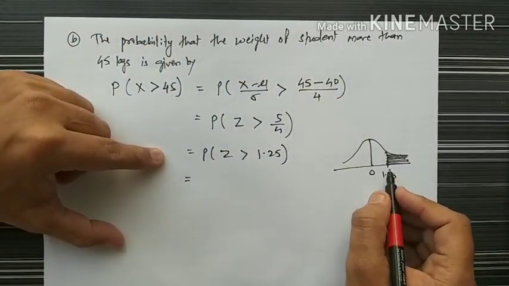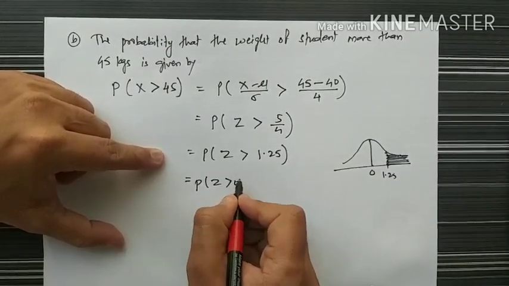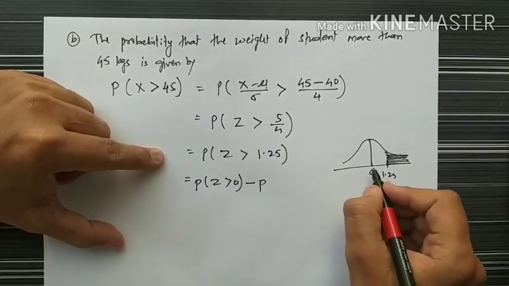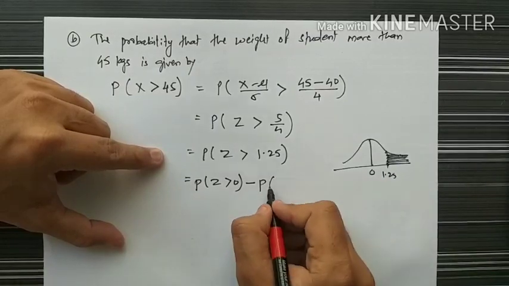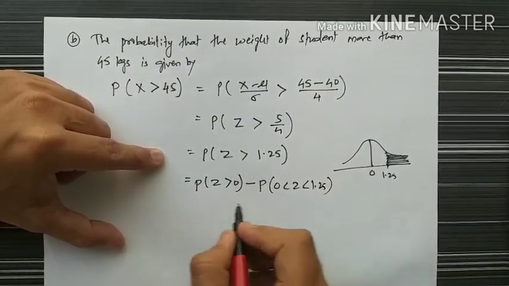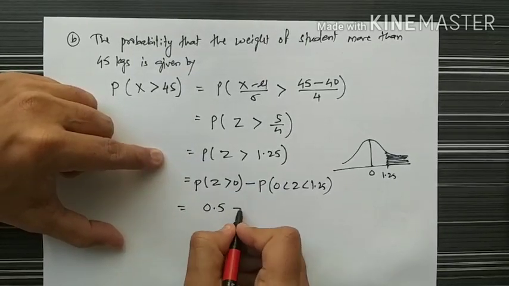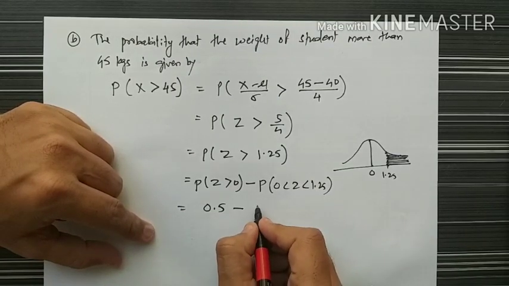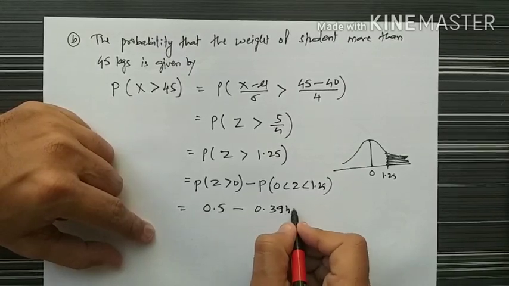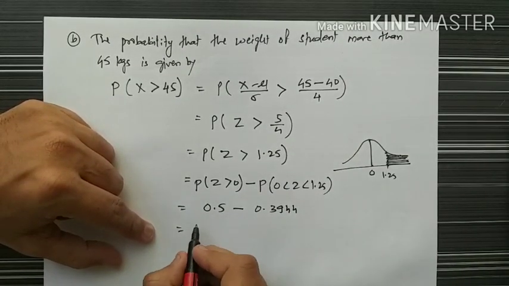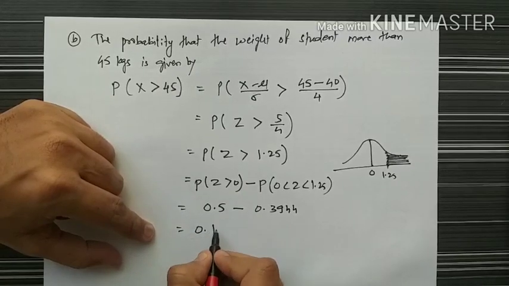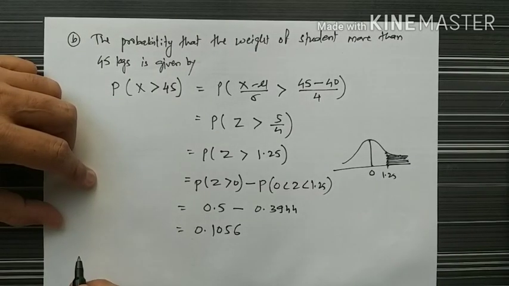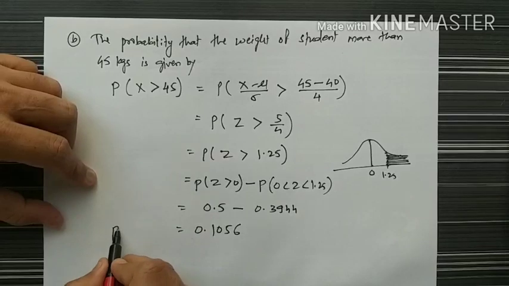So we rewrite this as the probability that Z is greater than 0, that is the whole region above 0, and subtract the probability that 0 is less than Z less than 1.25. So 0.5 minus 0.3944 gives 0.1056.